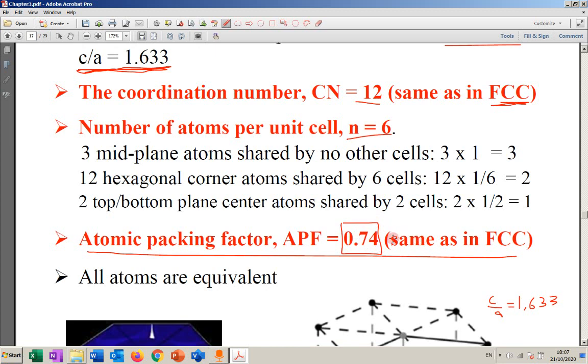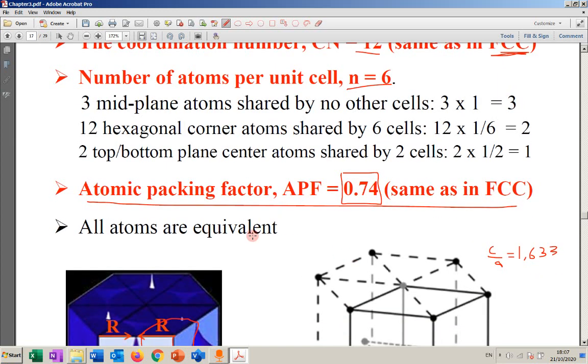So there is a question here. If the atomic packing factor of FCC and HCP are equal, both of them equal to 0.74, what does it mean? It means that there is no minimum void. The arrangement is supposed to be similar.